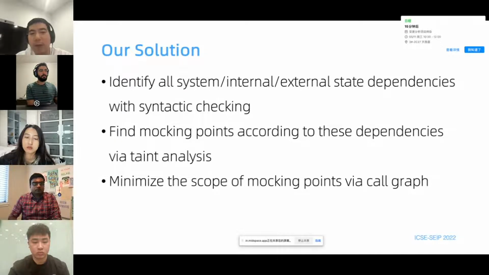With taint analysis, we know which function is influenced by these dependencies. Another contribution is that we minimize the scope of mocking points via call graph, so that can reduce the number of mocking points further.